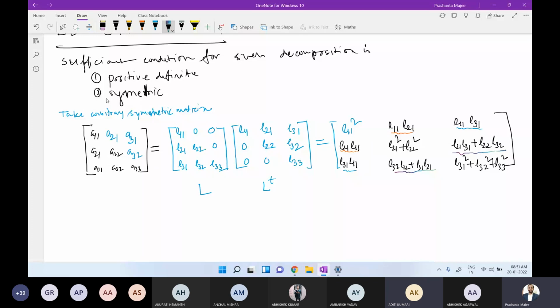How many distinct elements are there in the product matrix? Only 6. So if you compare the given coefficient matrix with the right hand side multiplied matrix, how many equations are you getting with how many unknowns?